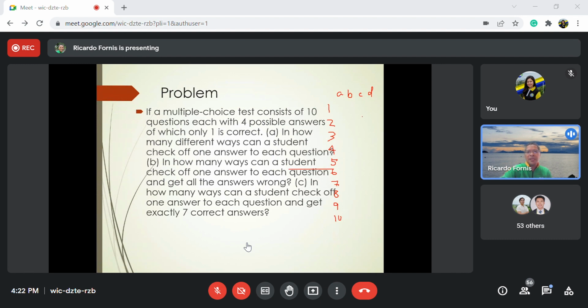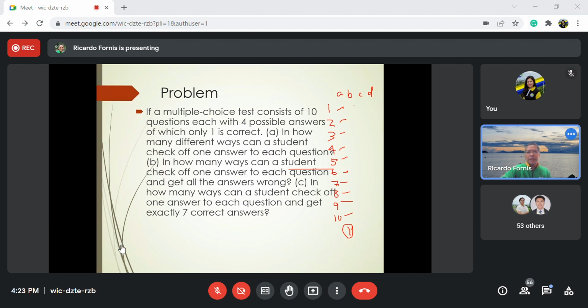It might be that student number 1 just chooses letter A, letter A, letter A, and so on. So this is one possibility. Right? One student would just choose A to all questions. So this is counted as one possibility.